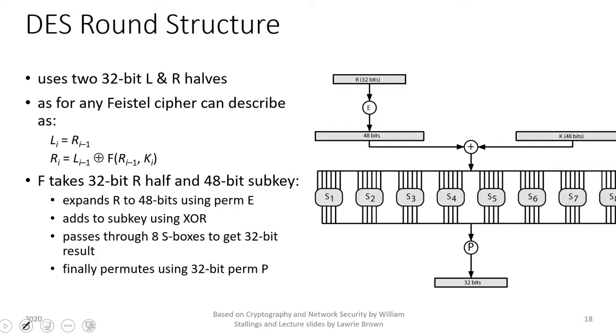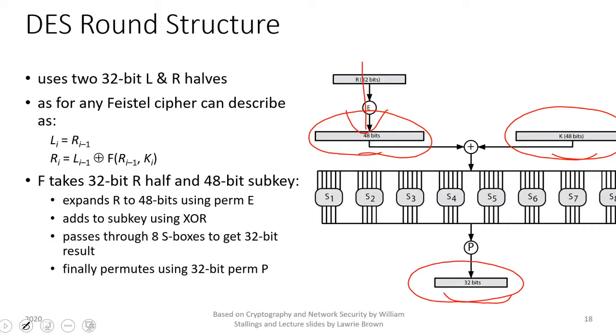Then for each of these round structures, we combine that 48-bit part from the initial permutation with the 48-bit subkey, and we will get the 32-bit permuted output.